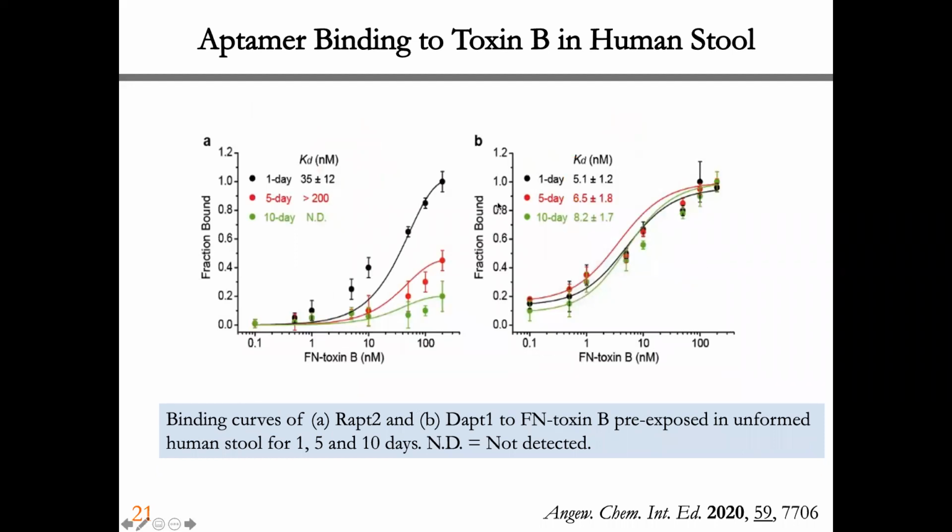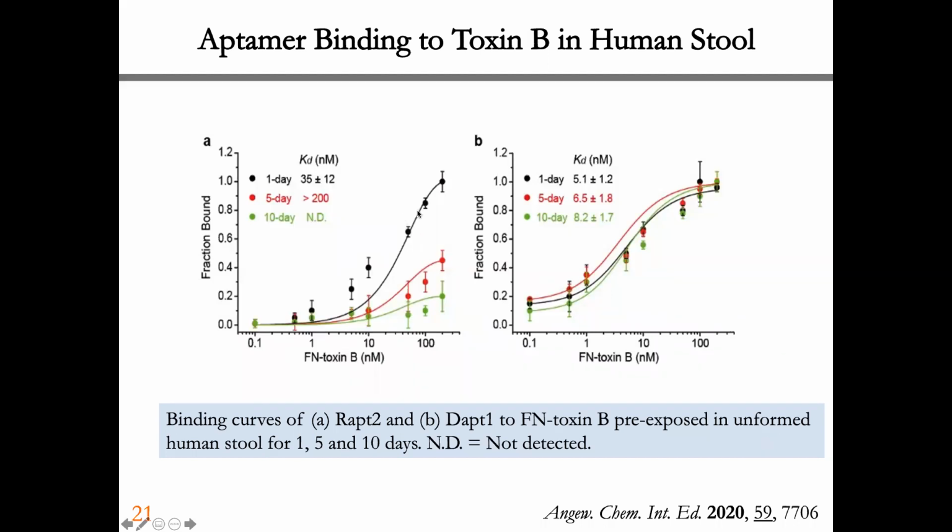And interestingly, this is the aptamer binding recombinant toxin B. Although it can bind the fresh native toxin B, it won't be able to bind the degraded one. We did this experiment simply by incubating fresh toxin B spiked into the stool sample.